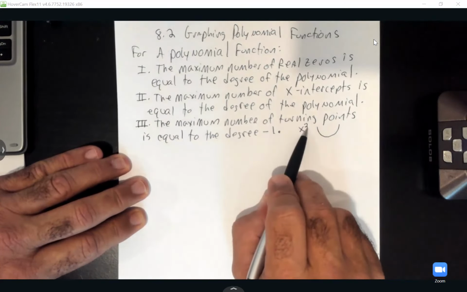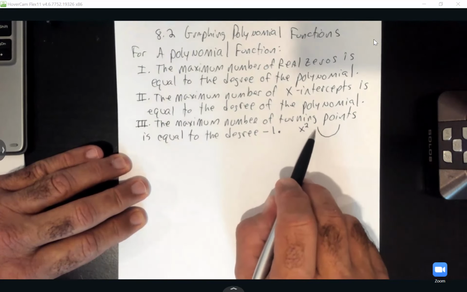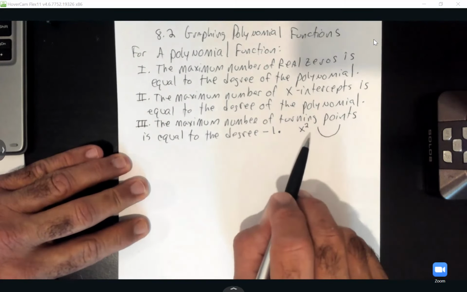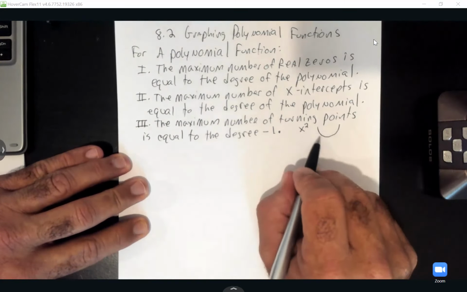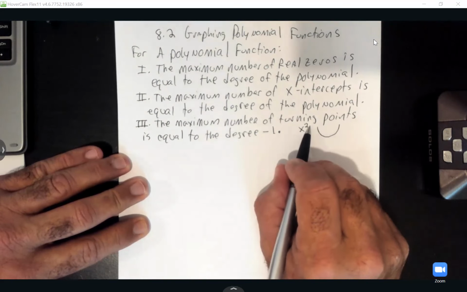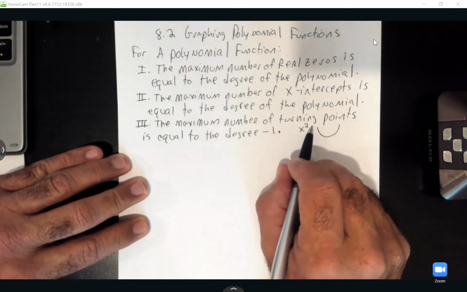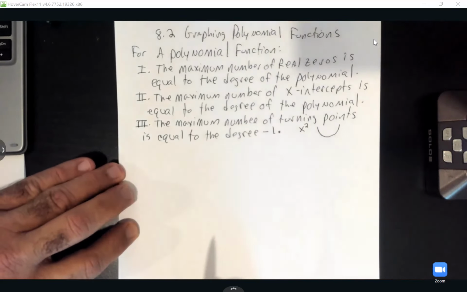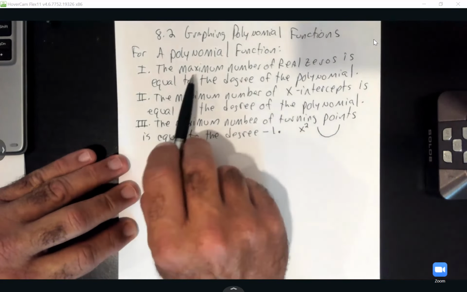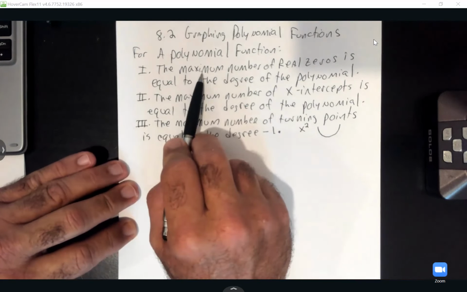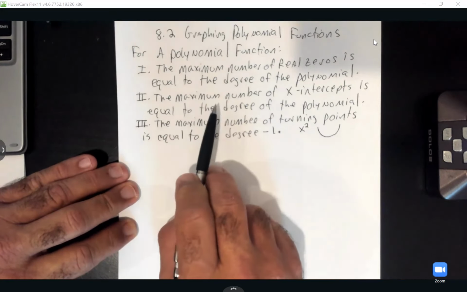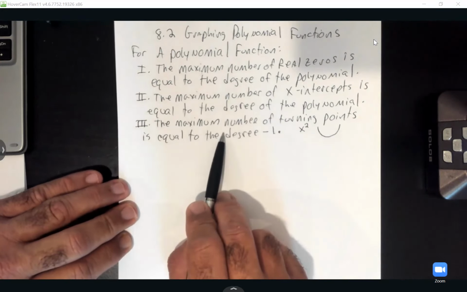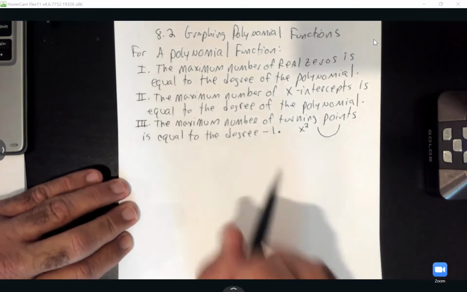The degree is 2, which means it would have 2 real zeros max and 2 x-intercepts max. But for the turning points, if you subtract 1 from the degree, 2 minus 1 gives me 1. So a parabola only turns 1 time. Okay? So zeros equal to the degree, x-intercepts equal to the degree, turning points equal to the degree minus 1.